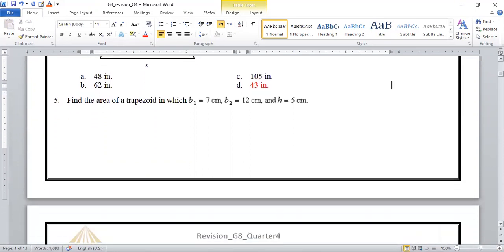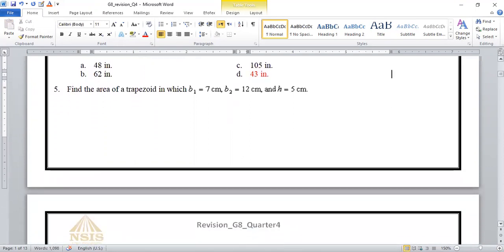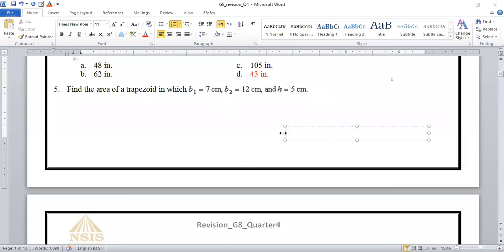We know that the area of the trapezoid equals the average of two bases, or B1 plus B2 over 2, times height.